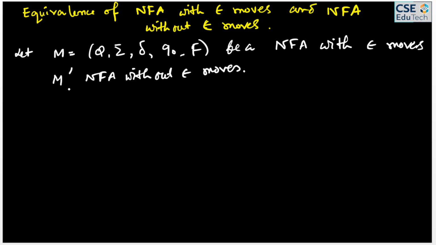We have to construct this M dash such that the language accepted by this machine M, that is the NFA with epsilon moves, is also the language accepted by the machine M dash. So the same language is accepted by both machines. We are basically trying to remove these epsilon transitions without changing the language.